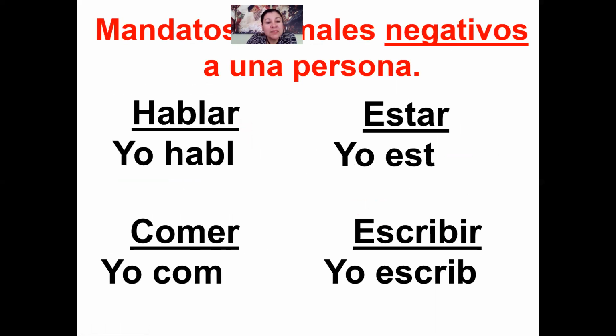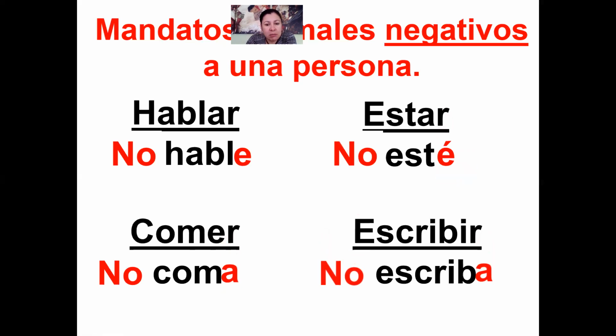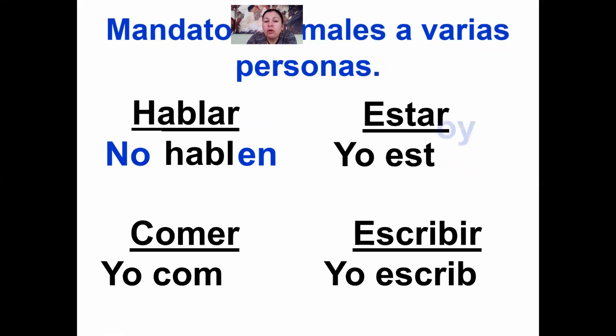Now, negative commands. We already know hablo and then hable, but we're going to need no estoy, no esté, no coma, no escriba. Same endings that we studied a minute ago, but now we have to add the no before the command. And same thing for the plural.